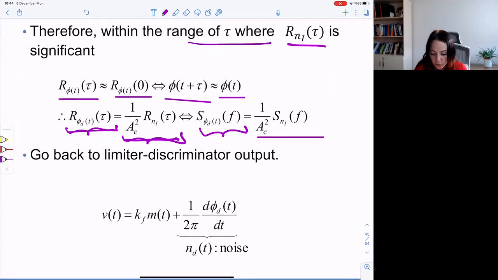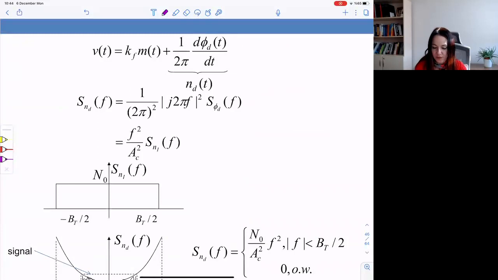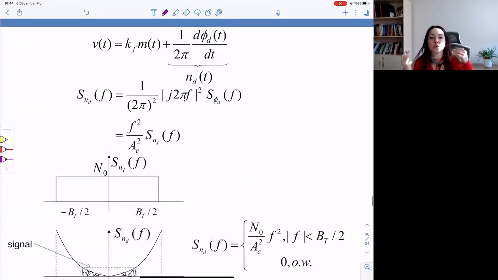Okay, let's go back to the limiter discriminator output. Remember, we had this noise. Now we're going to substitute with Ni. But there's going to be filtering due to the differentiation. And that's the main point that I want you to focus on. The shape of the noise is changing.